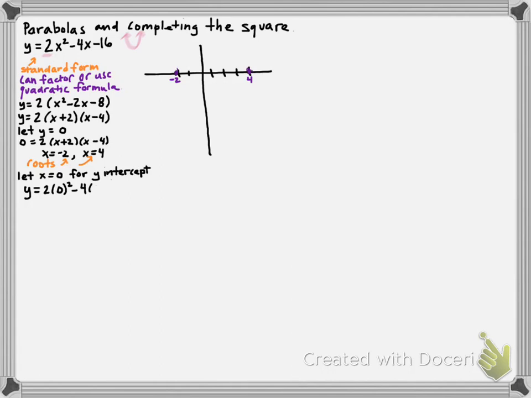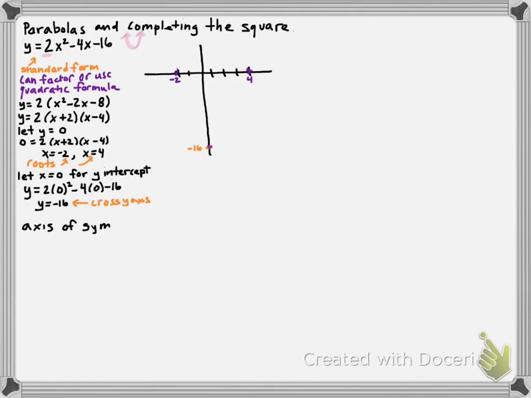You can actually plug in 0 to any form of the parabola: standard form, factored form, vertex form, whatever. When I plug in 0, I get the y-intercept. It's going to cross at -16. So again, let x equal 0, let y equal 0, and you will get both sets of intercepts, x-intercepts and y-intercepts.